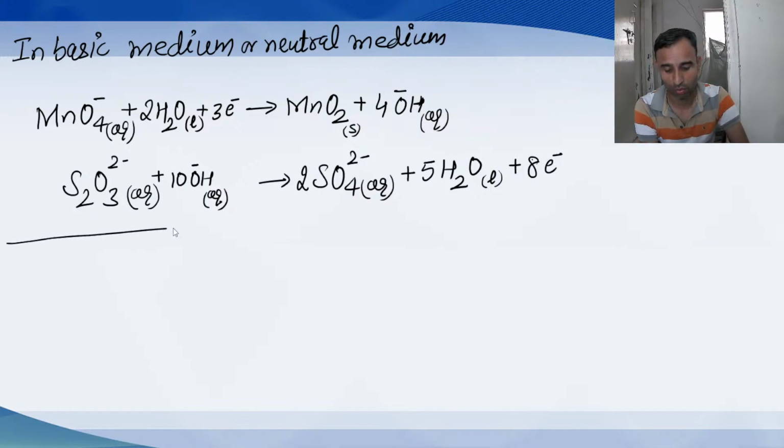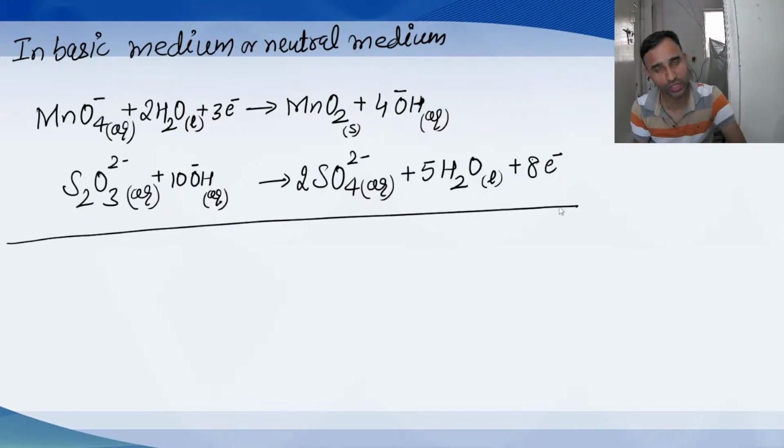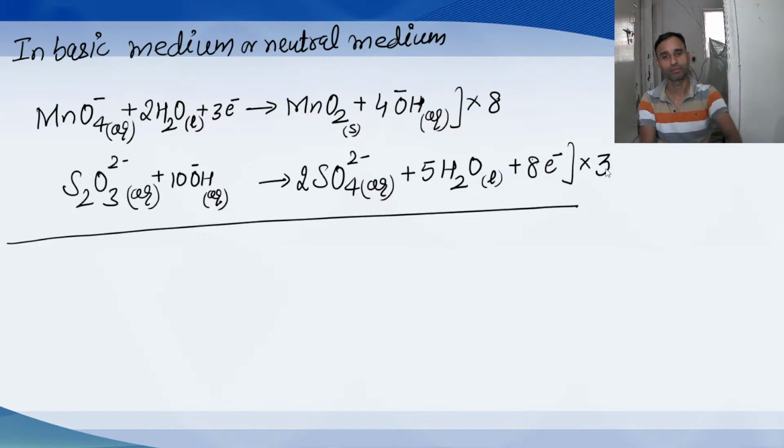So now add the equations by balancing the electrons. Means number of electrons gained should be equal to number of electrons lost. So we multiply first equation by 8 and the second equation by 3.